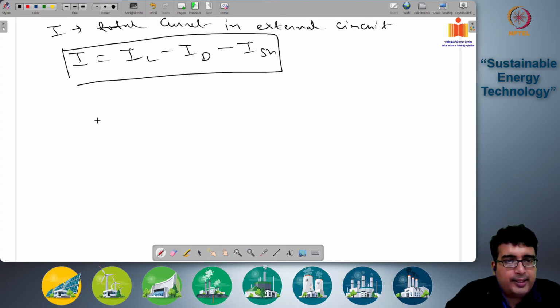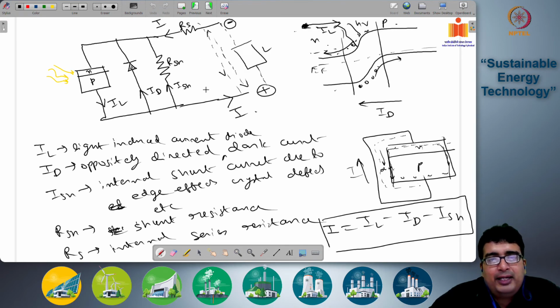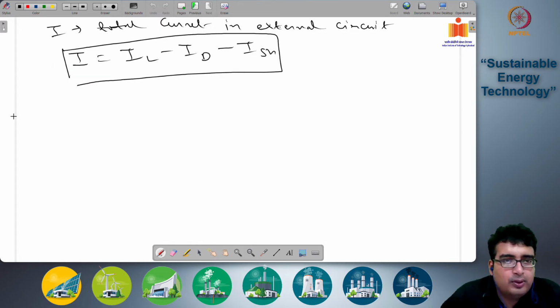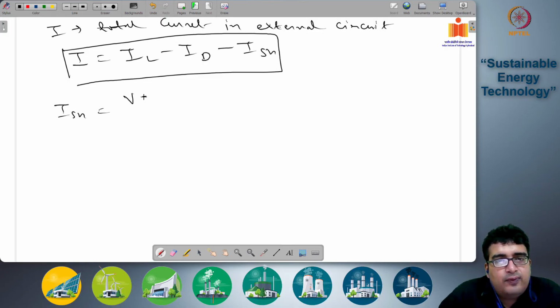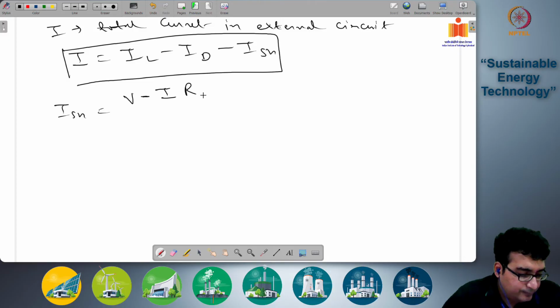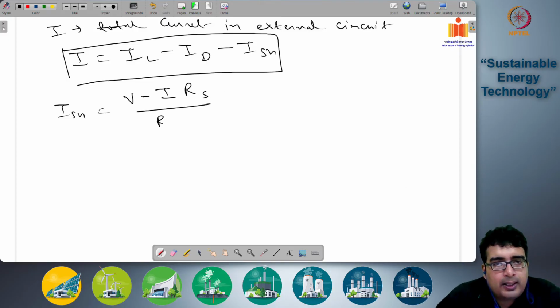Now what is the shunt current? If you see here, the external applied voltage is V and the resistance is RSH. So I shunt current is V minus I into RS by RSH.